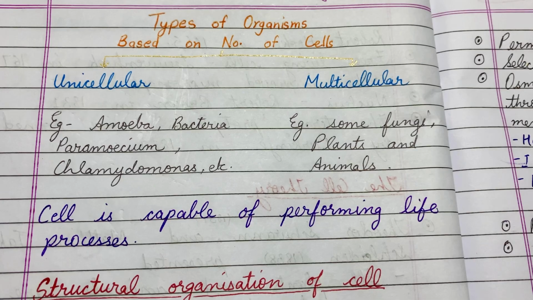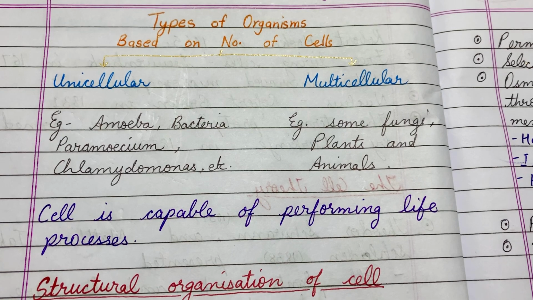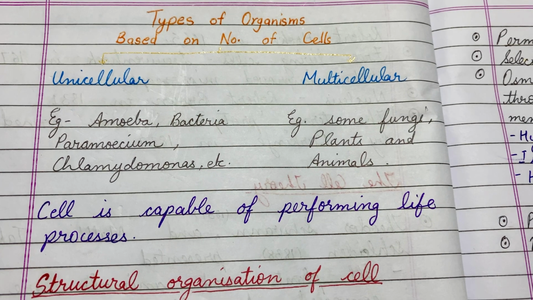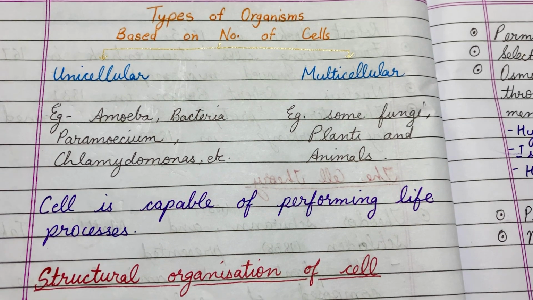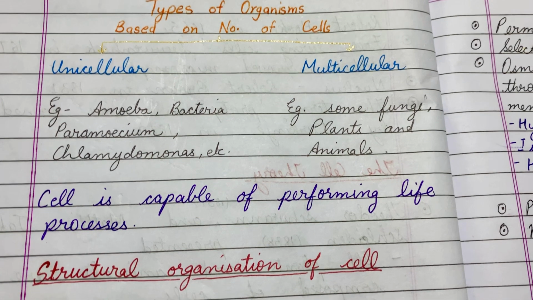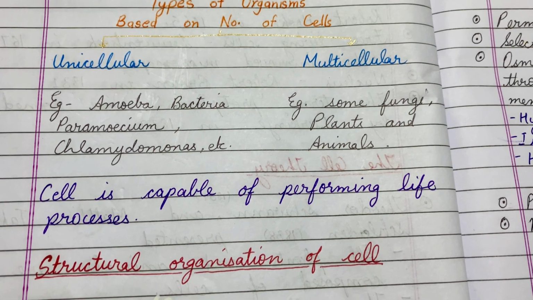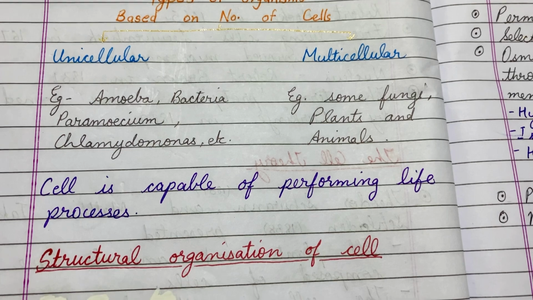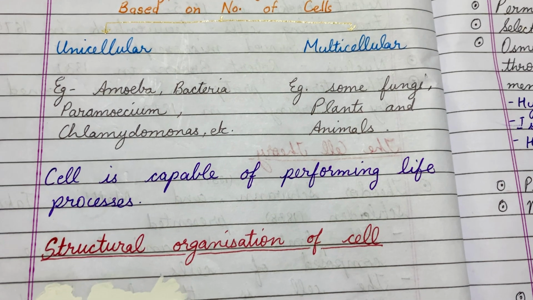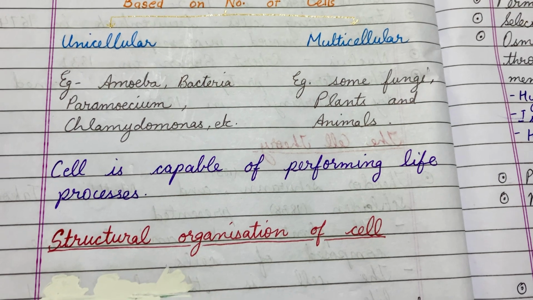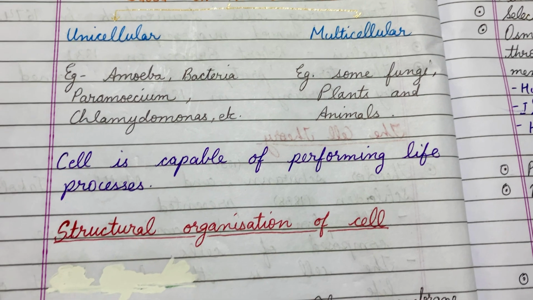Since the cell is the basic unit of life, the question arises, is it possible that a single cell can behave like a whole organism? Yes, it is possible, and this type of organisms are unicellular. It means they are made of only a single cell. The other type of organism is multicellular.